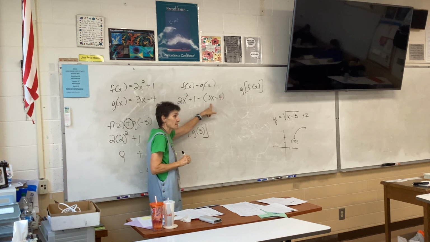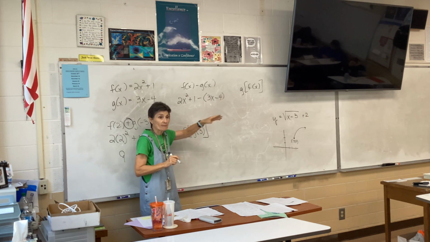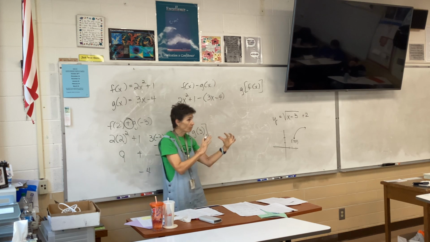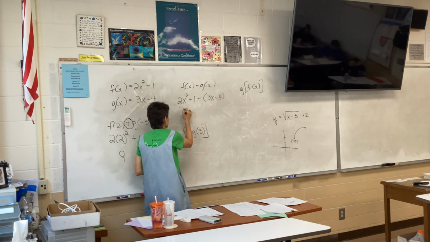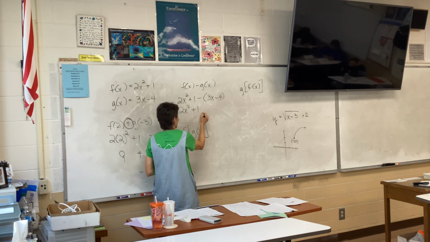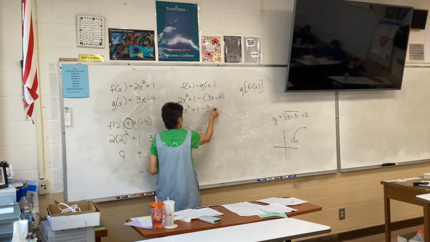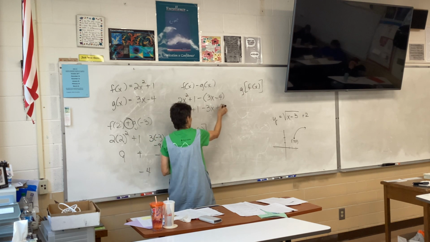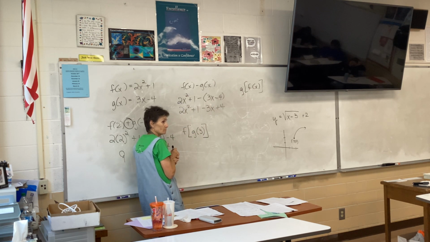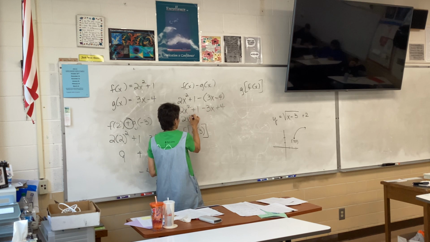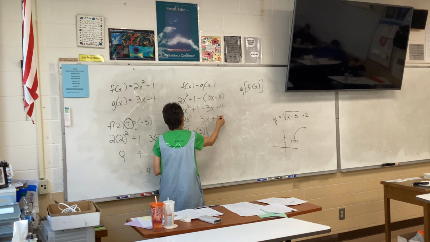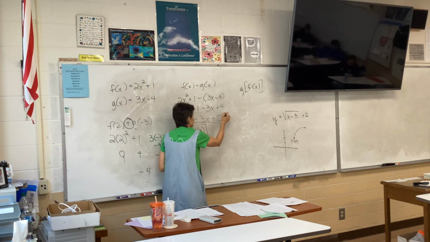And those parentheses are necessary because I'm subtracting that whole function, which means I'll have 2x squared plus 1 minus 3x plus 4. So 2x squared minus 3x plus 5, I think, is my answer. Does that look okay?